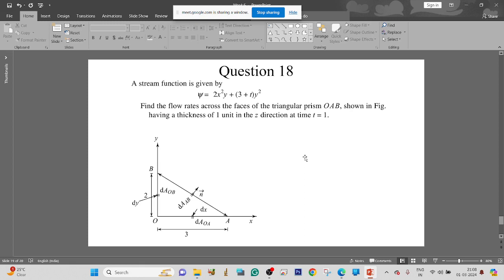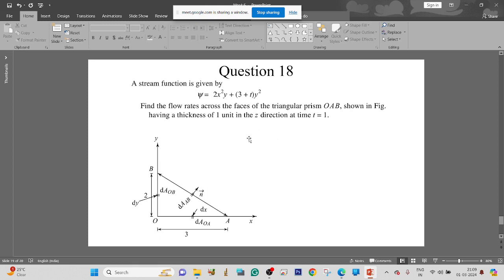Along OA, 0. Along OB, I got 16 units. And along AB, I got 16 units. Let me check. AB is 16 units. Correct. I also got these values.